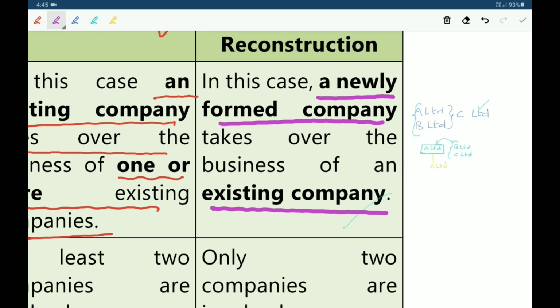That means C Limited is a new company from A Limited. A Limited is an existing company. It is reconstructed as C Limited. That means a new company. This is external reconstruction.